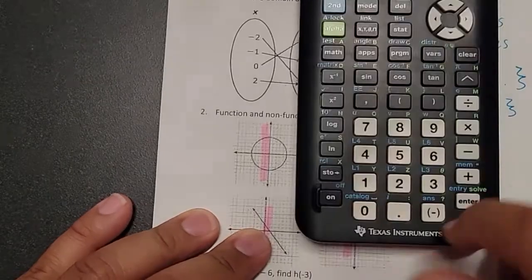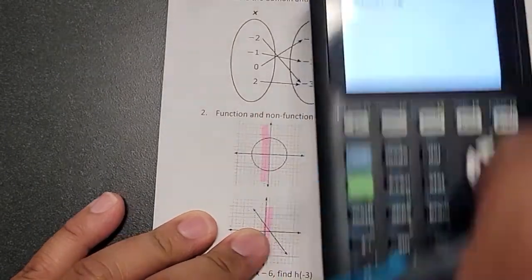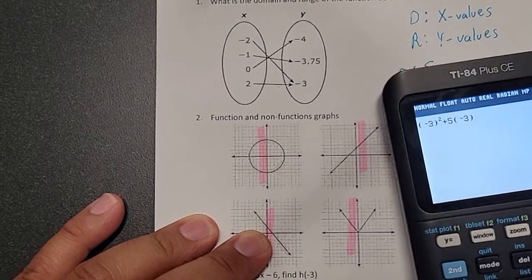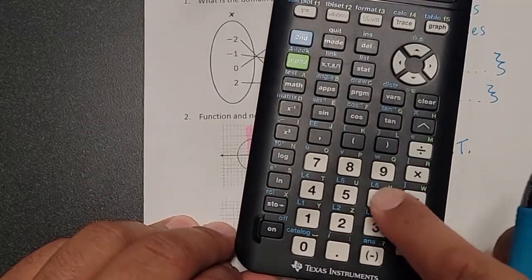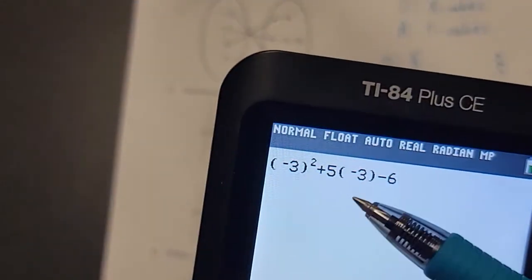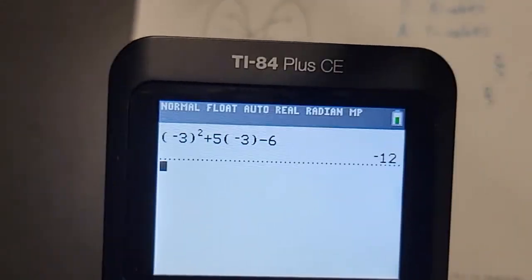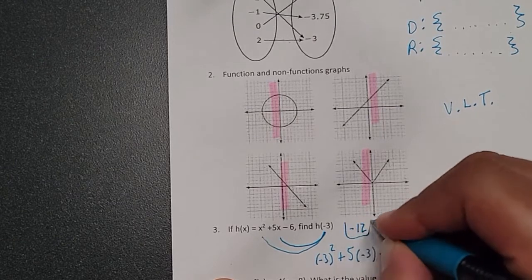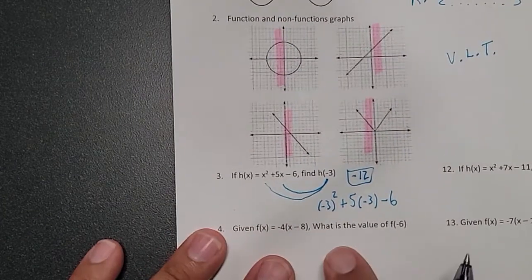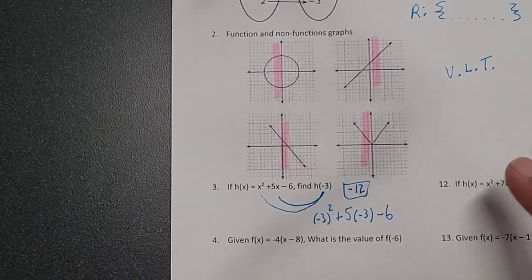Parenthesis again, this is going to be negative 3, parenthesis, and then minus is going to be this one, minus 6. So look at how the negative is smaller and the minus is a big number. So my answer is negative 12. So for this one, negative 12 is my answer. Okay? So just write it down before you plug it in.